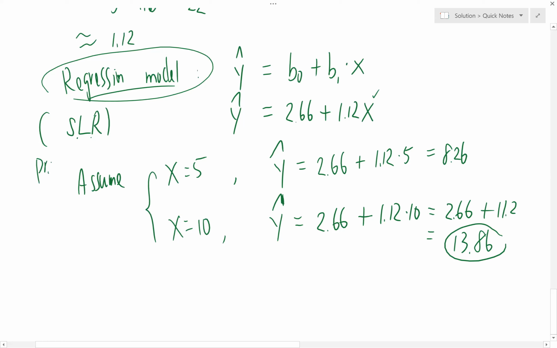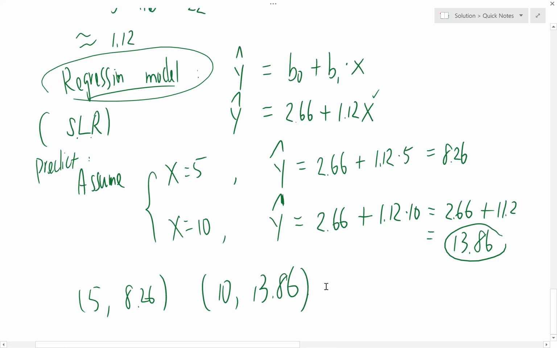So this is predicting unknown y values from x values. Okay, so now, how do we come up with the best fitting line? We basically just put these two into ordered pairs, so 5, 8.26, and 10, 13.86.